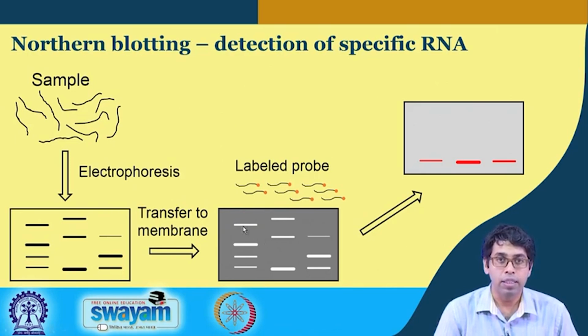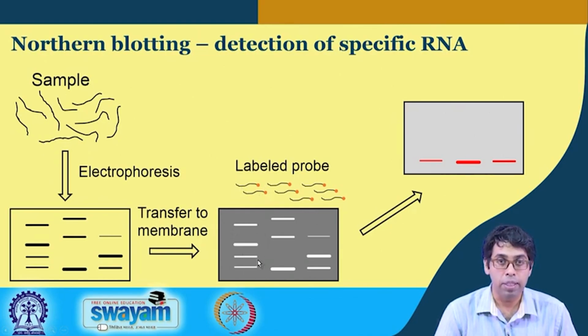In this case, we have single stranded RNA stuck onto the membrane. Now, we will use similar labeled probes. Again, these probes have a very specific sequence, and we want to find whether this sequence, or the sequence that is complementary to this probe sequence, is present in this messenger RNA or in this sample or not.